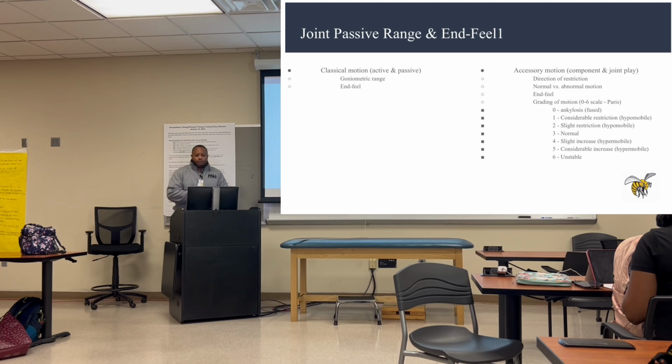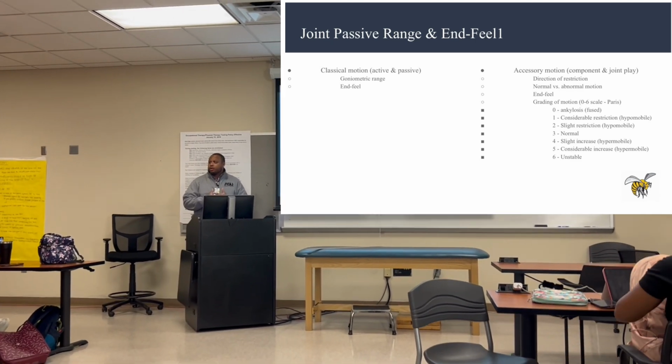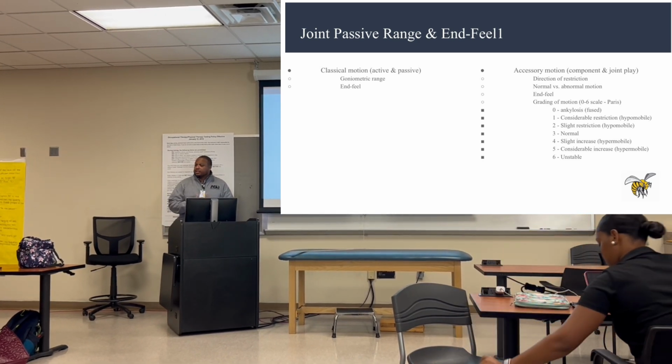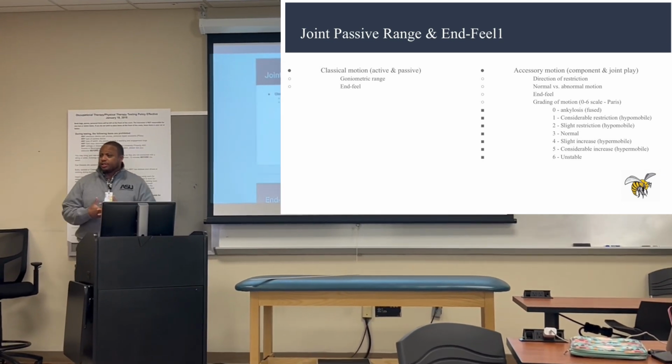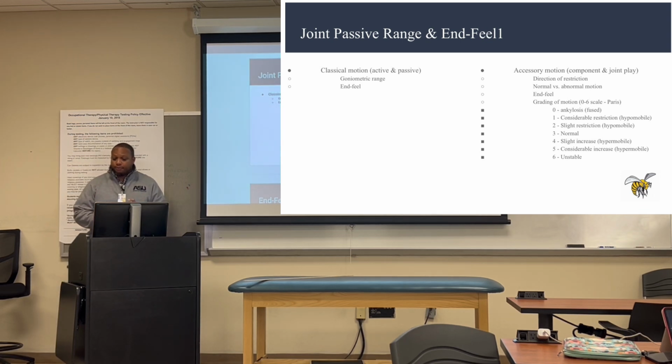You all need to be familiar with and know the grading scale, how we're gonna grade accessory motions. So we're gonna use the Paris 0 to 6 scale for grading our accessory motion. Where 0 is ankylosed, that means the joint is fused. A grade of 1 is a considerable restriction, hypomobility.